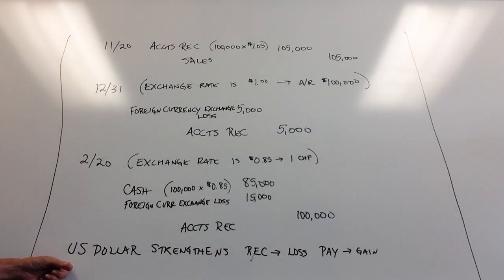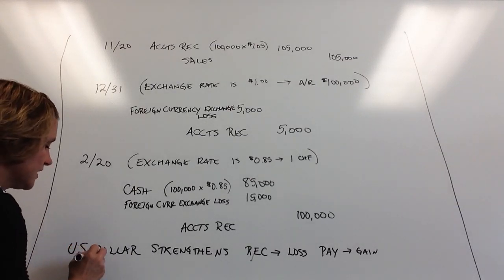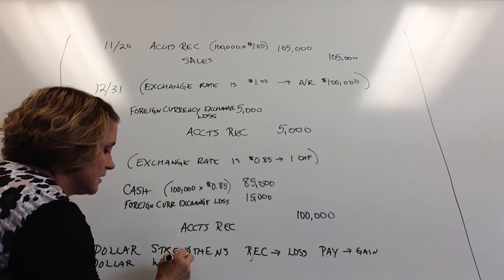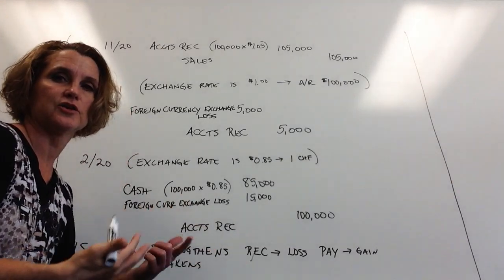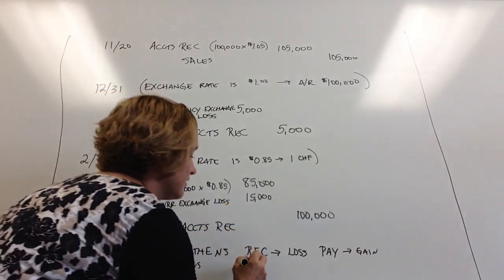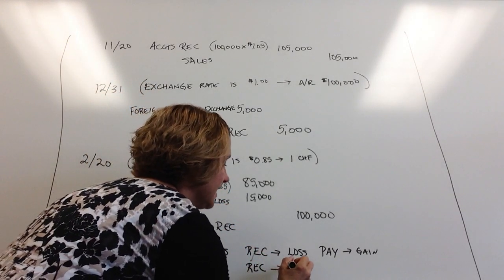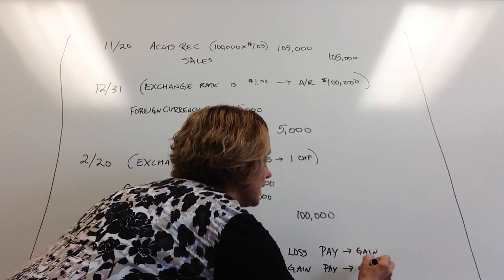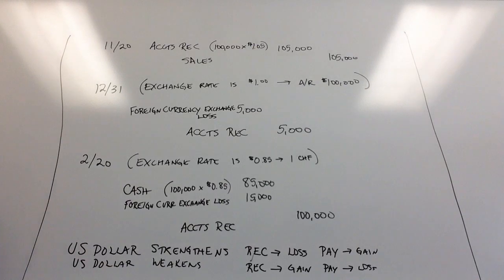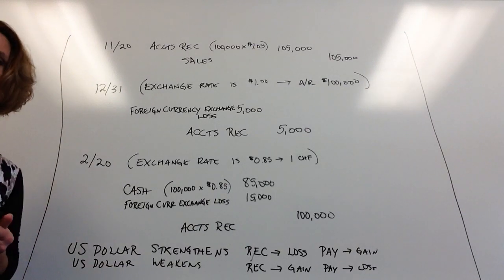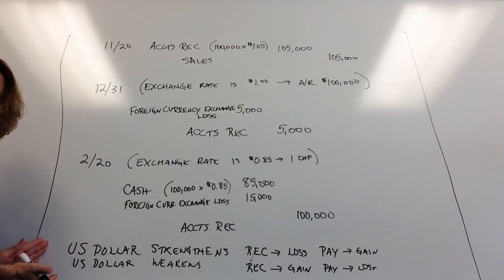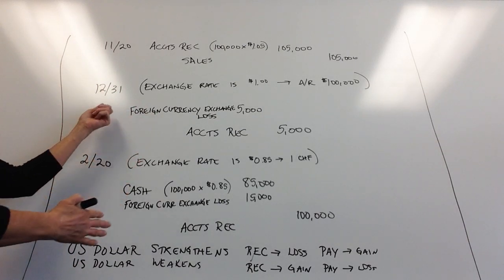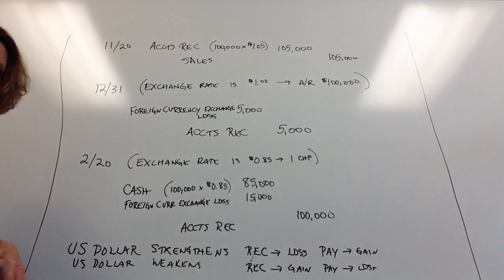Then you could flip-flop that to say, okay, if our U.S. dollar weakens, if it takes more U.S. dollars to get the Swiss franc, then the receivable would result in a gain, and the payable would result in a loss, because then we'd have to come up with more U.S. dollars to buy those foreign currencies. So this is a good one to know for your multiple choice questions, and maybe to help you as you're building these journal entries know, do I have a gain or do I have a loss?